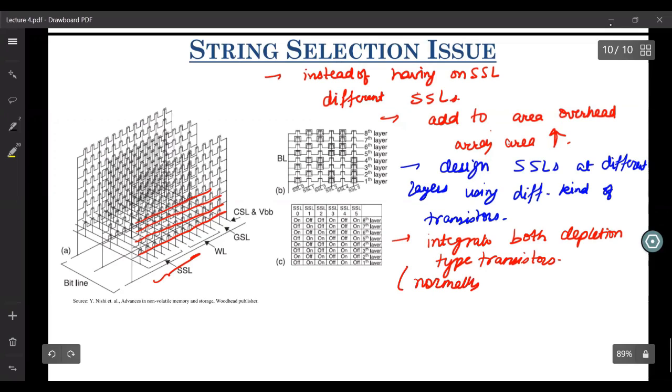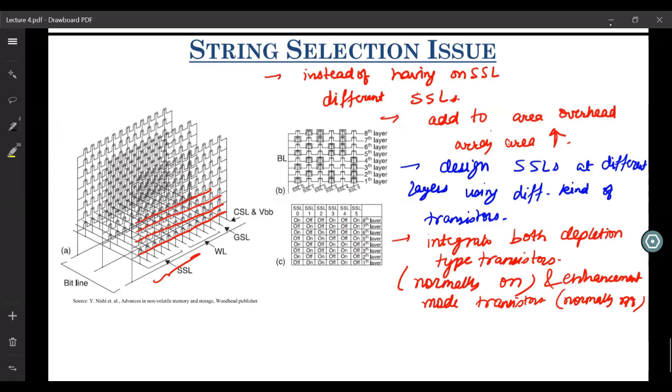They are normally on, and they turn off only when you apply some voltage. And enhancement mode transistors. What about enhancement mode transistors? They are normally off and turn on only when you apply some bias. So just by using different kinds of transistors.